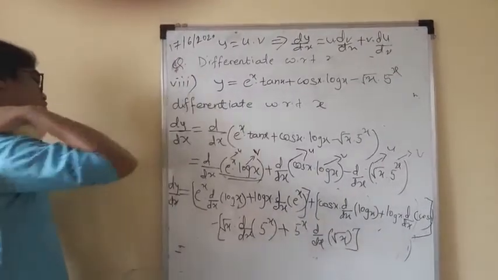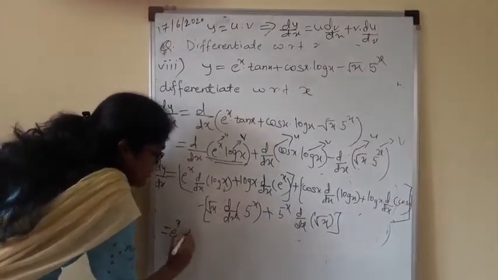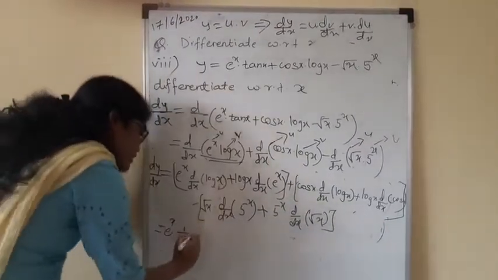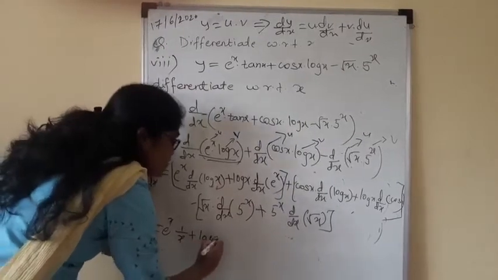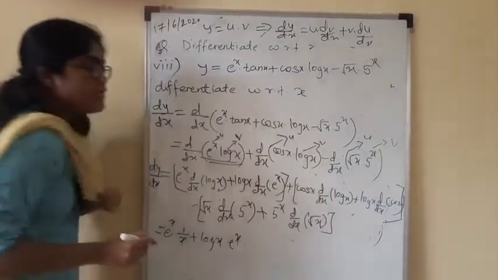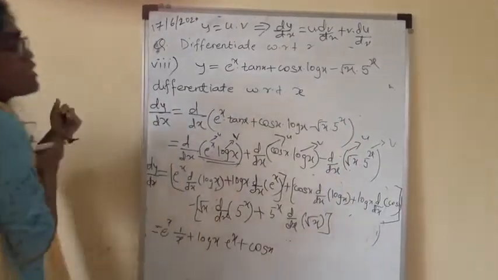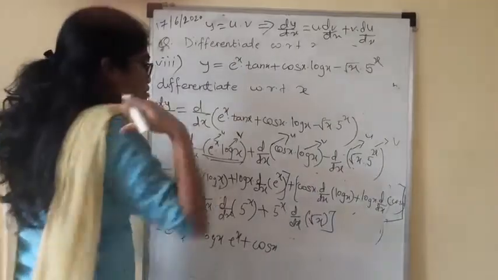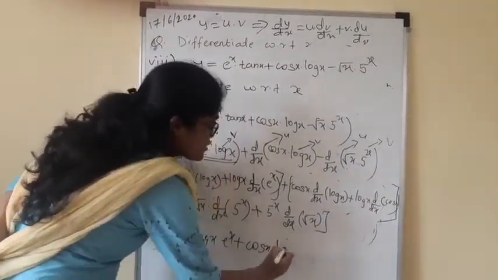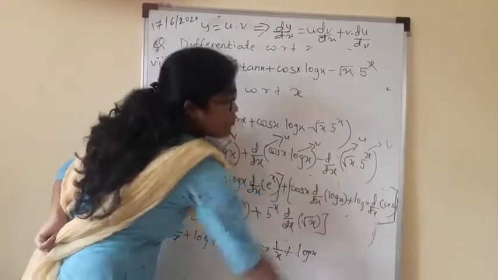Now e raised to x as it is, derivative of log x, we know that it is 1 upon x, plus log x as it is, derivative of e raised to x is e raised to x only, plus cos x, derivative of log x is 1 upon x, plus log x into derivative of cos x.